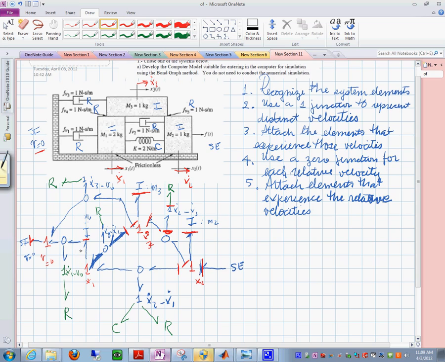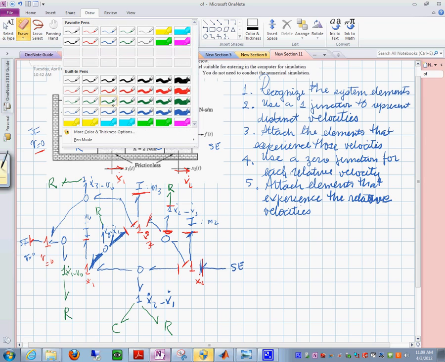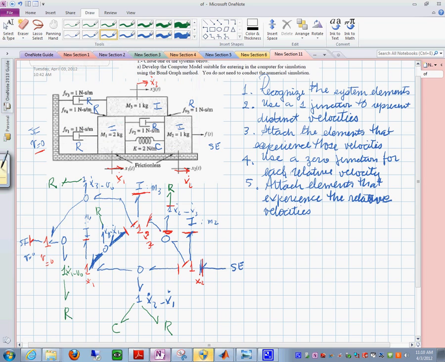See here, this bond is not drawn very well. It can't be like that. It needs to be from here. So just a small correction in there. So that is this one.